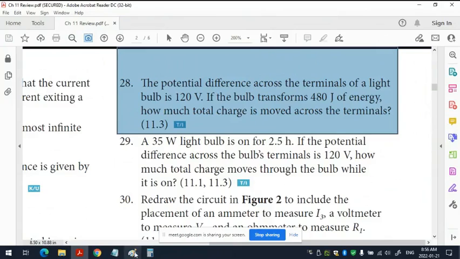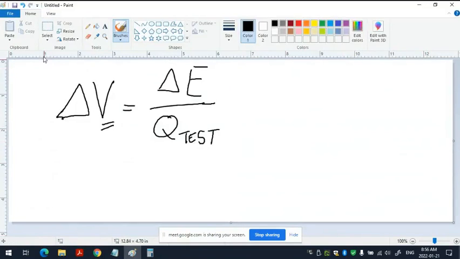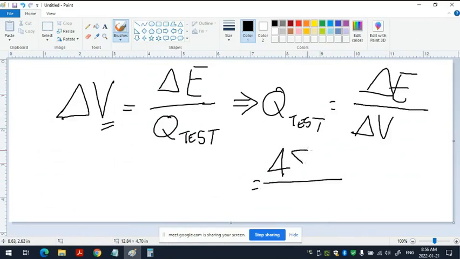So delta E, sorry, Q test equals what? Delta E over delta V. How much energy are we talking about? 480.